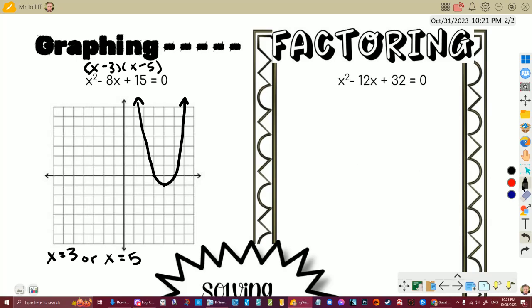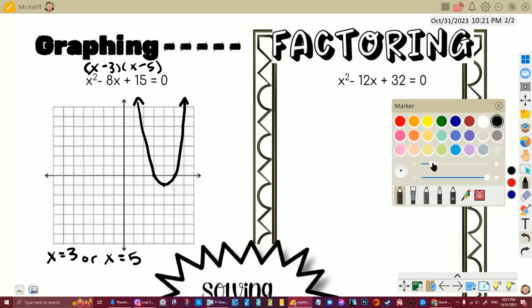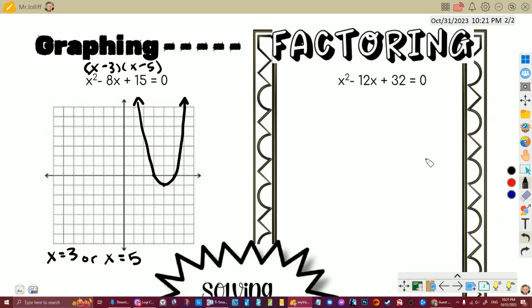So we have the function x squared minus 12x plus 32, and we want to find what x values make that statement 0. So first thing we want to do is write this in factored form, and to do that we're going to play our x game. So we're going to write our C in the top box and our B in the bottom box.